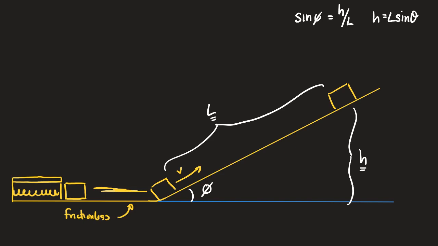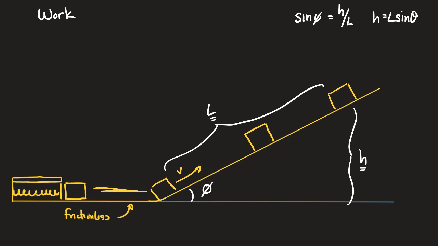That okay? All right. I want to talk to you about work for just a minute. If the box hits the ramp with some kinetic energy and slides up the ramp, as it's going up the ramp, gravity is going to be slowing it down.